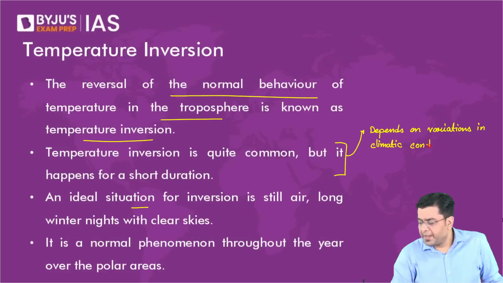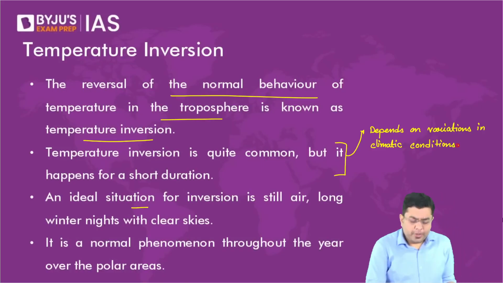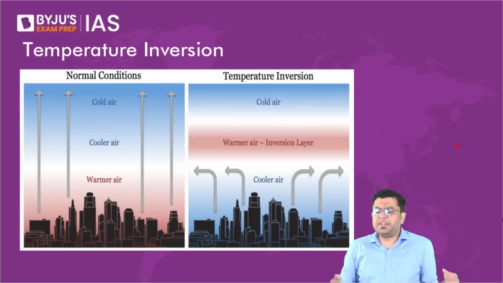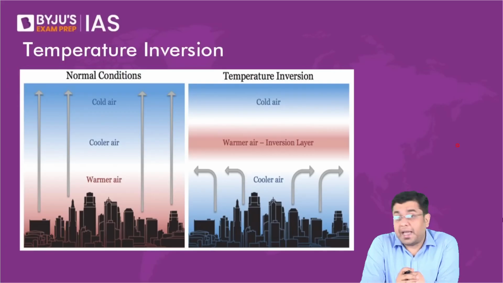But first of all, let us understand this a bit better before we go into the types of temperature inversion. You have various different types of temperature inversion depending upon why and how that inversion has happened. But before all of that, let us try to understand what this temperature inversion is.